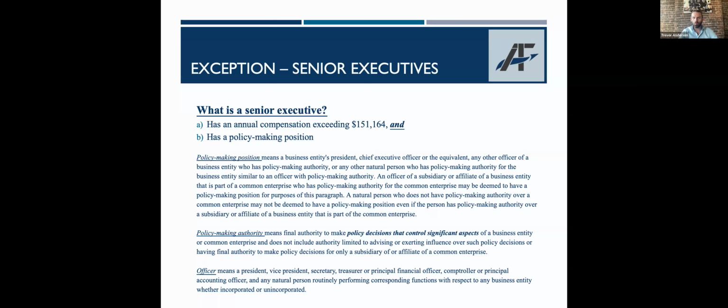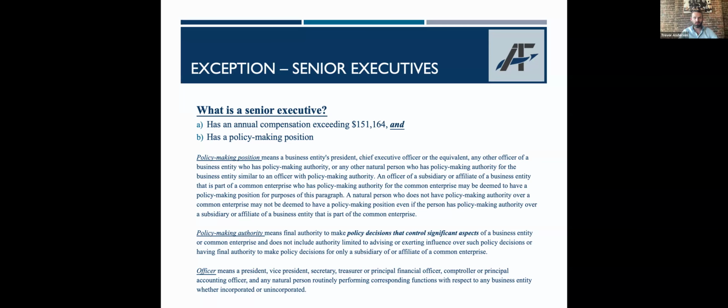After that, it gets a little more opaque because it says any other officer of a business entity who has policy-making authority for a business entity or their department, right? Or a common enterprise. Like I said, it gets a little vague, but they've defined policy-making authority as the final authority to make policy decisions that control significant aspects of a business entity or common enterprise, okay? Not merely influence, but actual decision-making authority.